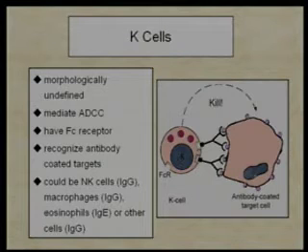Macrophages have FC receptors for immunoglobulin, so they can act as K cells. Eosinophils have receptors for immunoglobulin. They have a receptor for a different class of immunoglobulin, IgE, but they can act as killer cells as well. So any cell that has a receptor for any immunoglobulin can act as a K cell.